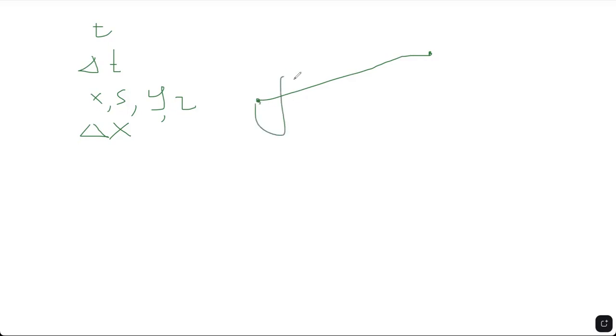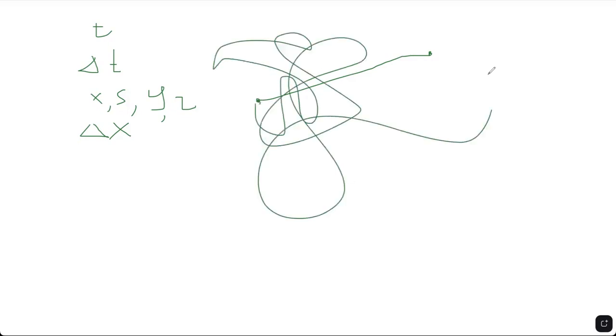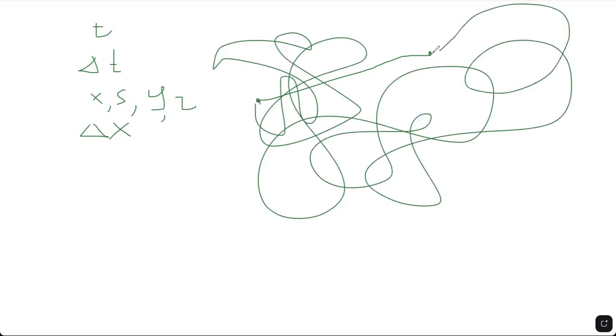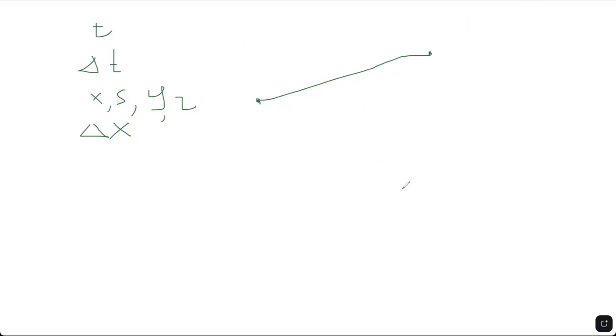Distance, on the other hand, can be something like this. You go anywhere you want and then end up here, and it's going to be a total sum of all the motion. While displacement is just this, and you can see how they're vastly different. In fact, distance can be like this, while displacement is still 0 because the final position is the same as the initial position, which is why displacement and distance are not exactly the same.